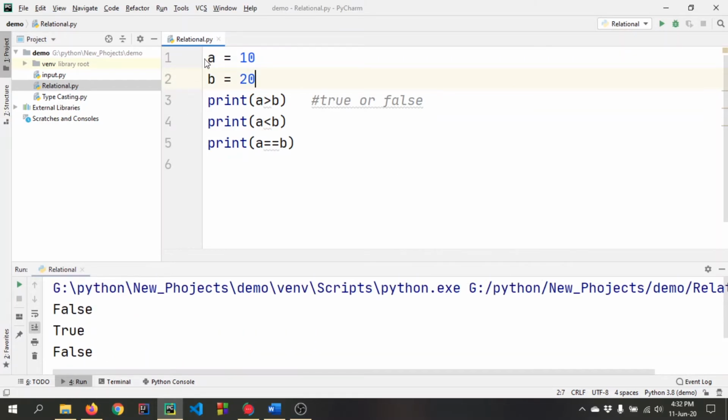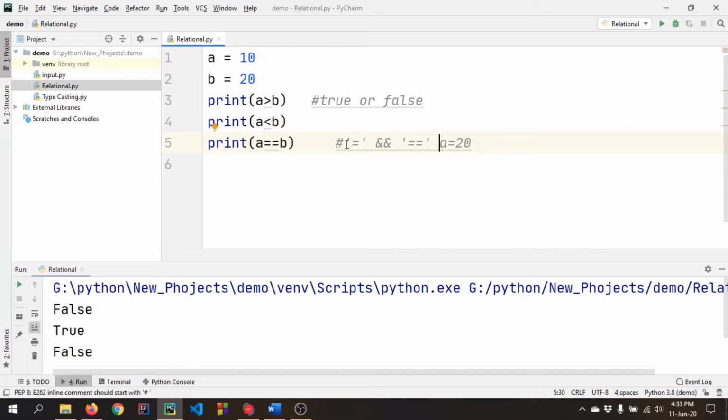So we have false here, and there is a misconception here. Let me clear this up for you all. There is a single equal sign, and there is a double equal sign. What does the first one mean? The first one means assign. We are assigning 20 to a.